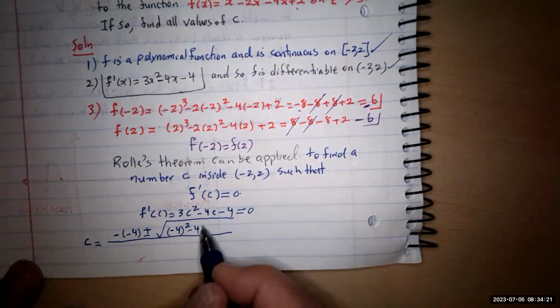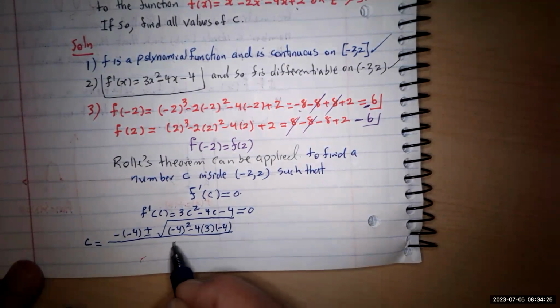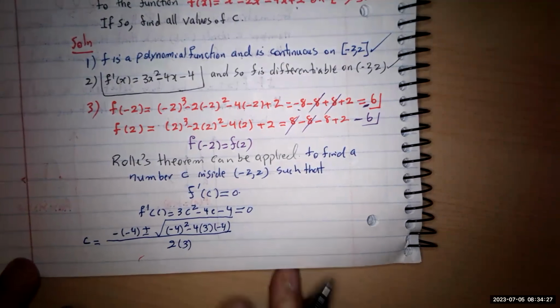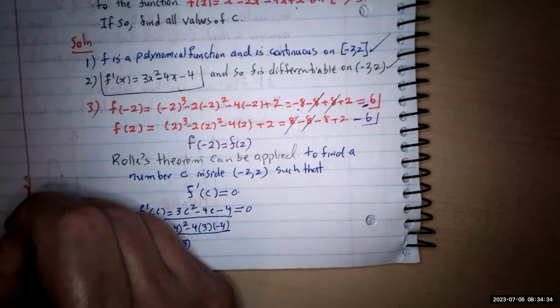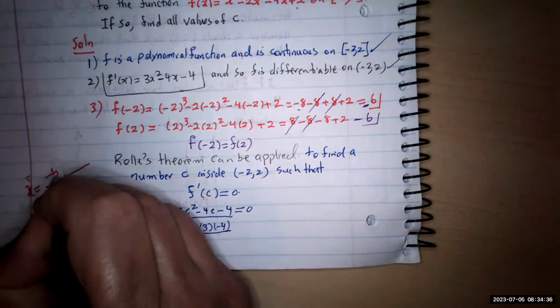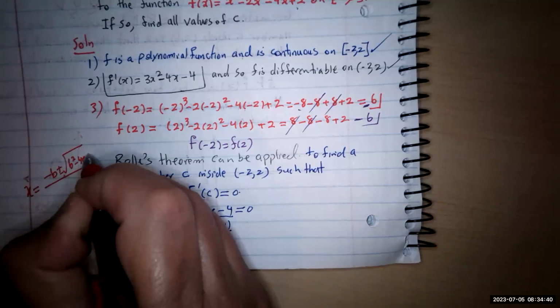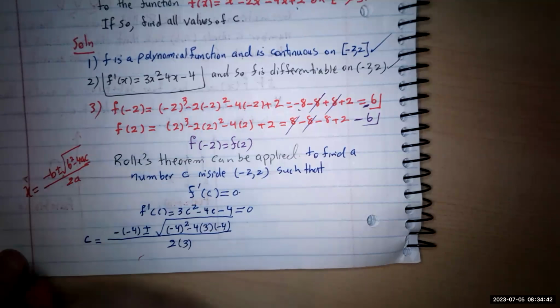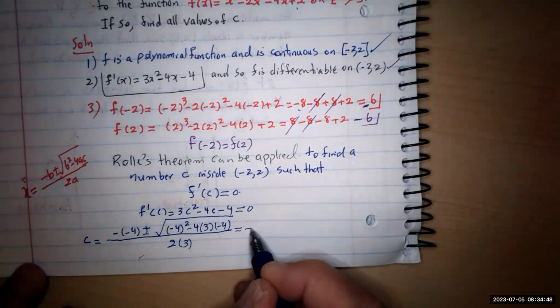You multiply these numbers, 3 times negative 4, all divided by 2 times a, 2 times 3. Remember, I gave you this the other day. Just repeat it again: x equals negative b plus or minus the square root of b squared minus 4ac, divided by 2a. You need this one, even for the mean value theorem. Okay, go on, simplify it.